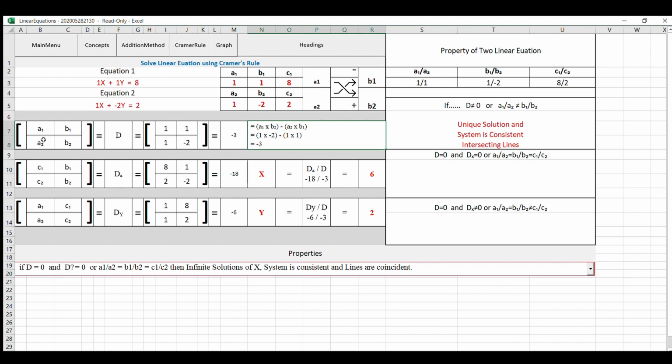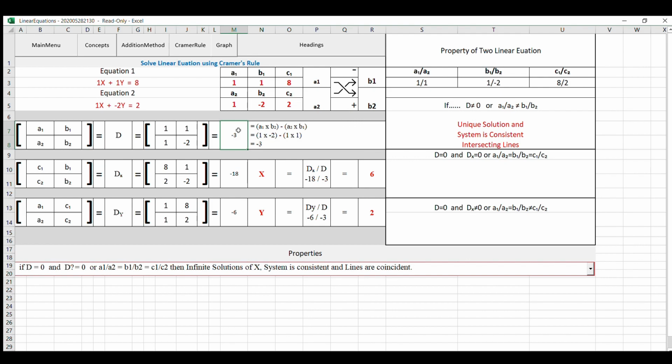Now look at this. In this case, since it is A1, A2 and B1, B2, A1 into B2 minus A2 into B1. So in this case, it is 1 into minus 2, which is minus 2, minus of 1 into 1, which is minus 1. So minus 2 minus 1, minus 3. This is what you got.